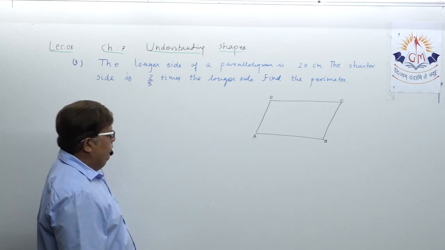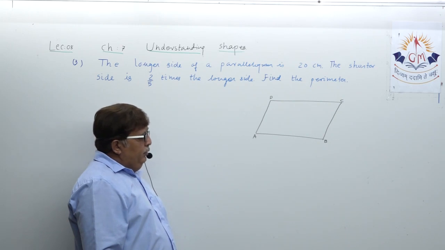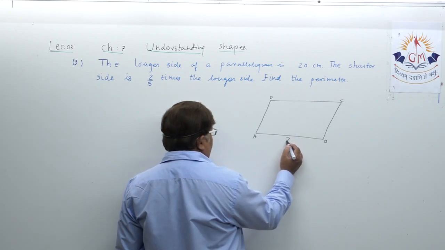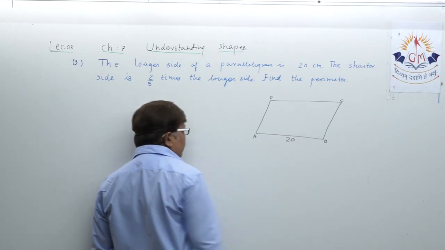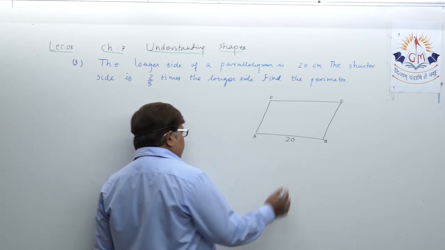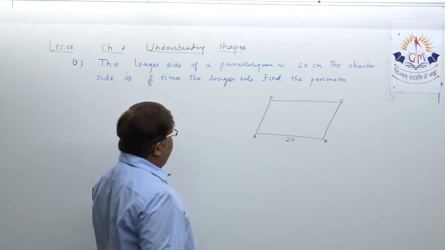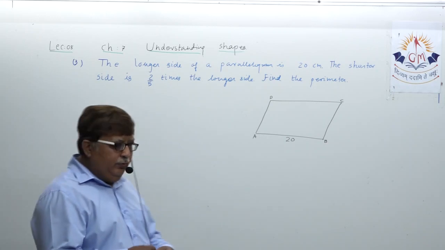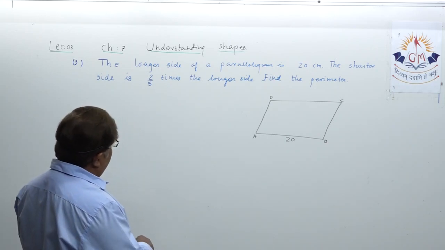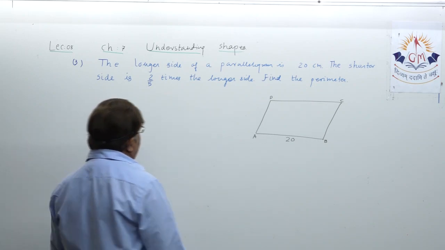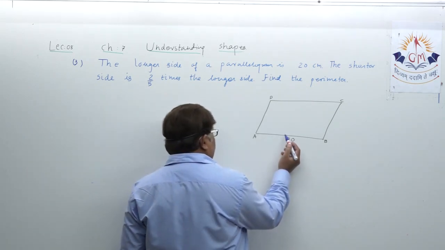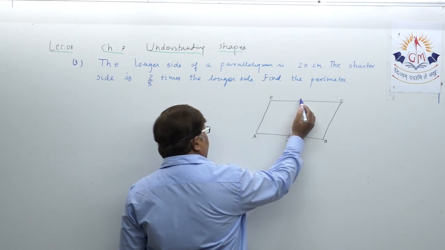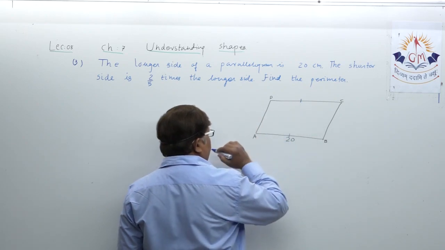Here, dear student, the measure of the longest side, that's AB, is 20 centimeter. And because this is the data given to you, the shorter side is 2 upon 5 times the longer side. Now, one property we all know, that opposite sides are congruent.